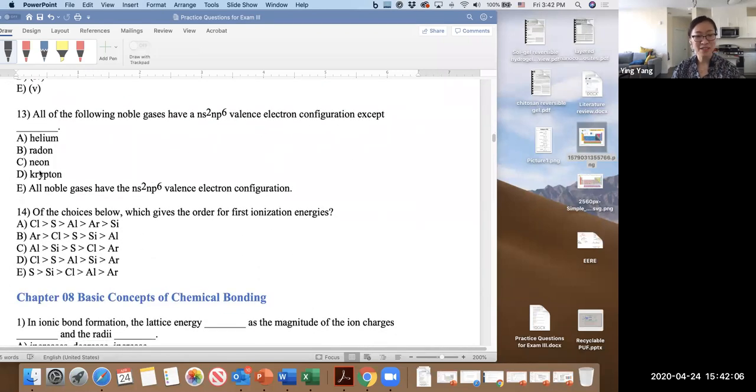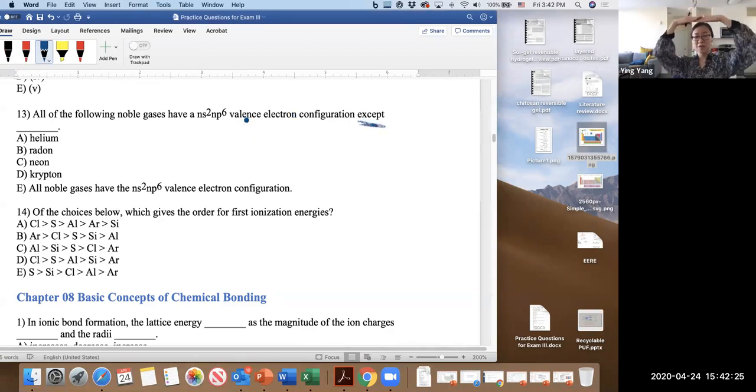Okay, question number 13. We're getting there. 2 more questions left for this chapter. All of the following noble gases have ns2 np6 valence electron configuration, except, this is easy. What do you think? There is only one exception, and that would be A, yes, helium.